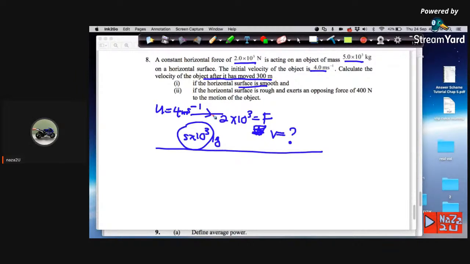mungkin ada 2-3 cara, tapi dalam soalan ni kita ambil perkaitan work energy theorem. Okay, work energy theorem, work is equal to delta change of kinetic energy, iaitu kinetic energy final minus kinetic energy initial.